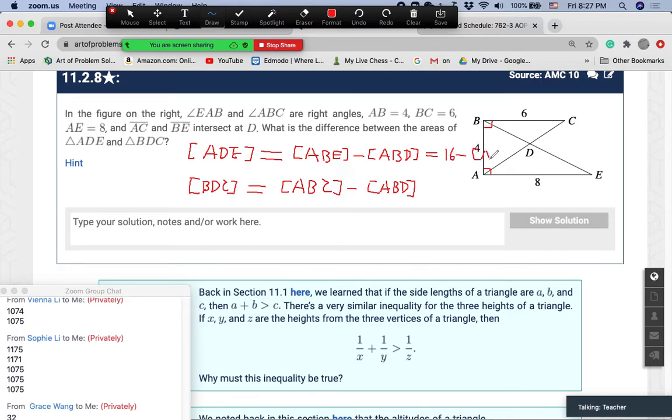Then minus area of ABD. Then area of ABC, that's 4 times 6 divided by 2, that's 12. Minus this one, ABD. Then they ask you what is the difference of the areas of these two triangles.